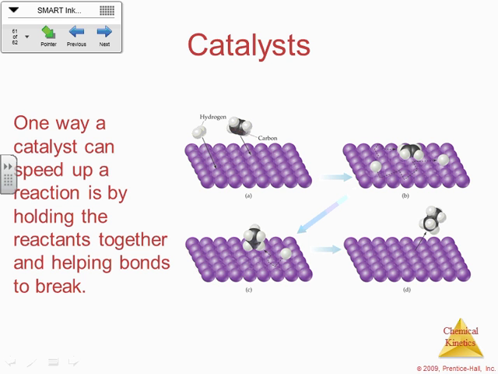So that's a homogeneous catalyst, and homogeneous just means that the catalyst is in the same phase as the reaction that's occurring. So if your reaction is aqueous, then the catalyst is also aqueous. A lot of times that kind of catalyst is just happening in solution.